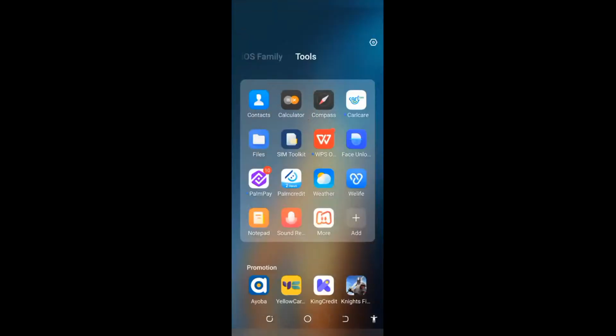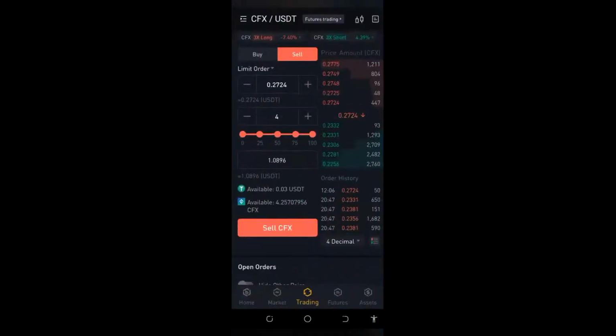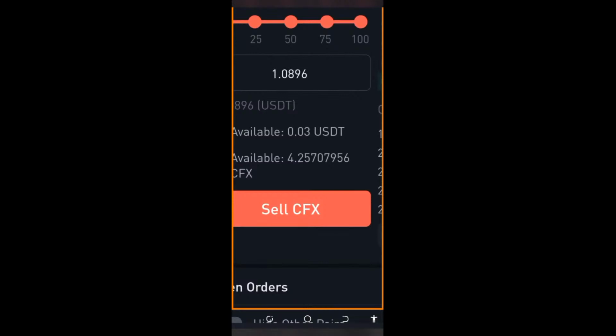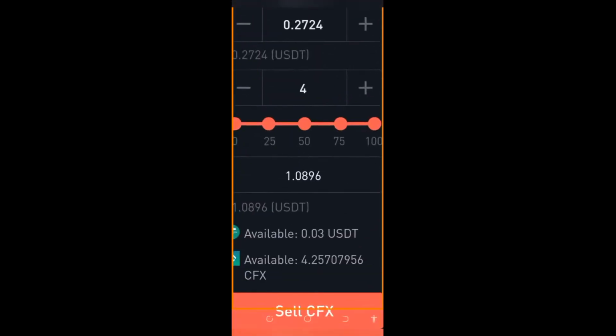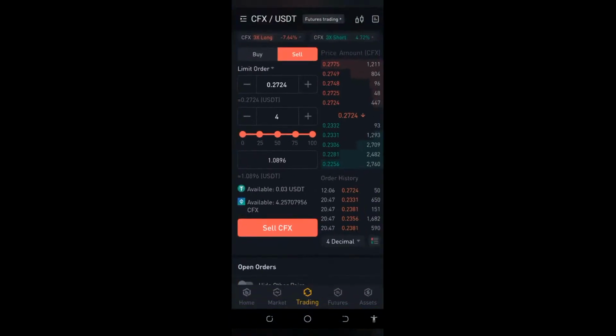Don't forget that it took a little bit out of the transfer fees. Another reason is that it's disregarding the 0.25 CFX. It only picked up 4. So that's another thing you need to check out. That's the reason why we didn't get the exact 16%. But that's not even the main point.